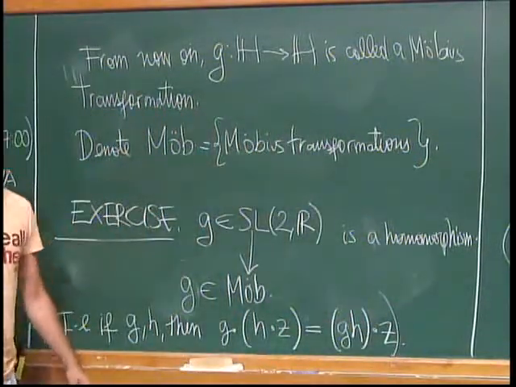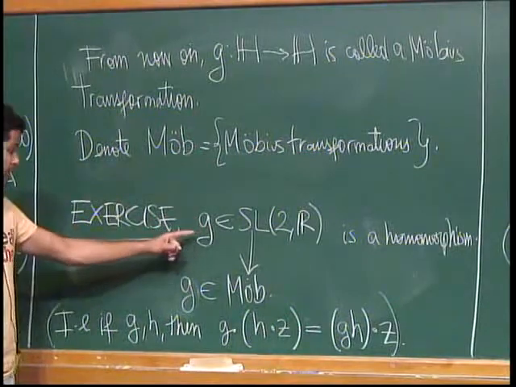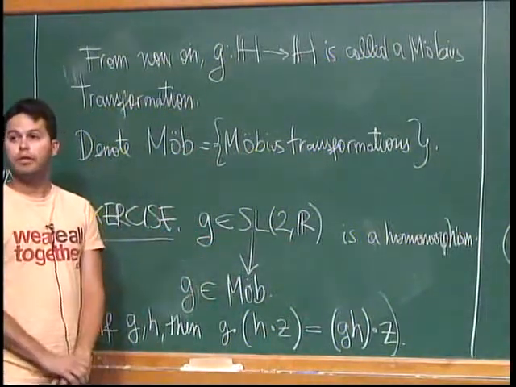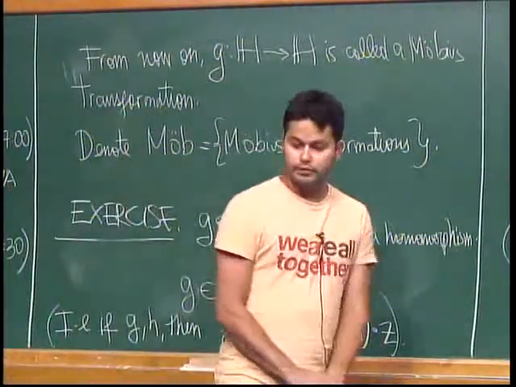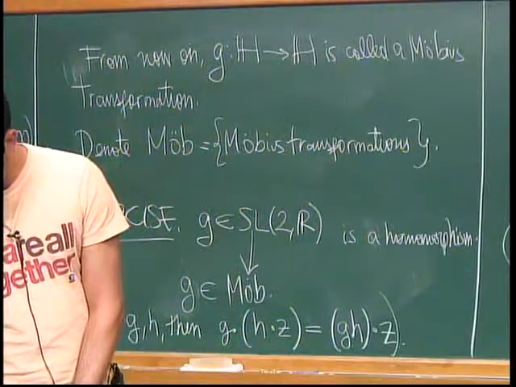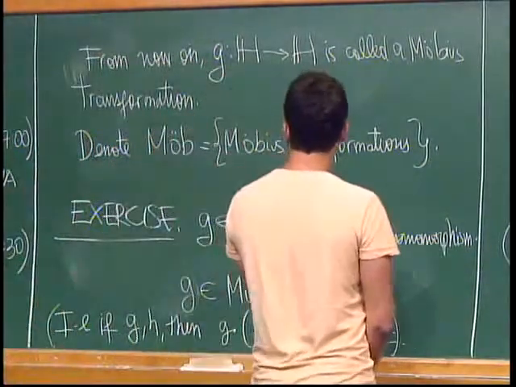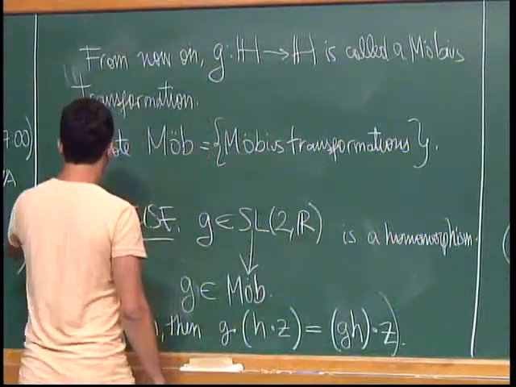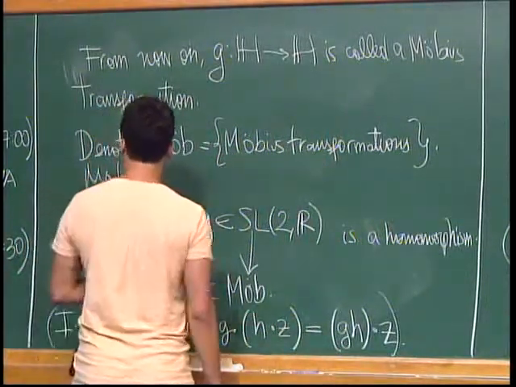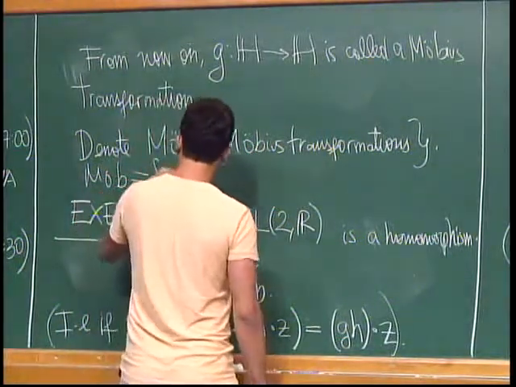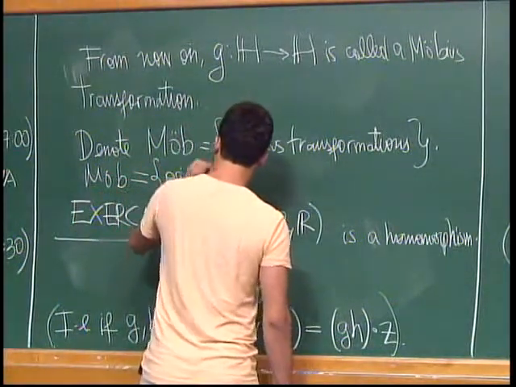Okay? So you have a group homomorphism between SL2R and Möbius transformations. A fact is that Möbius transformations are the set of all orientation preserving isometries.